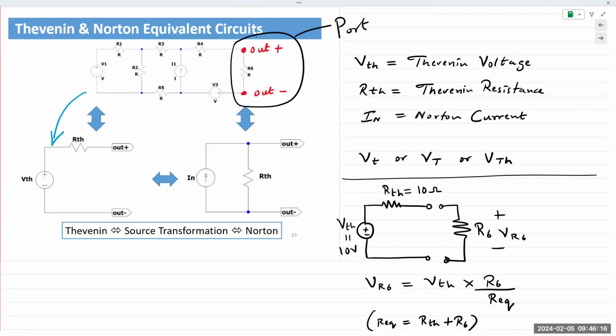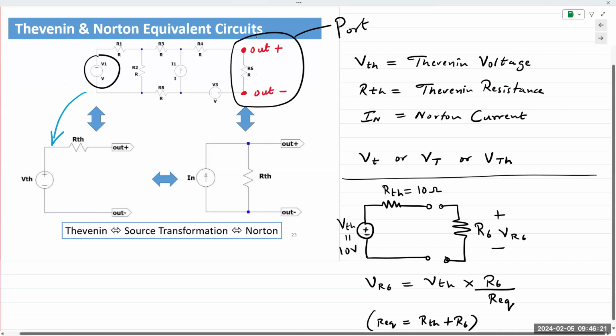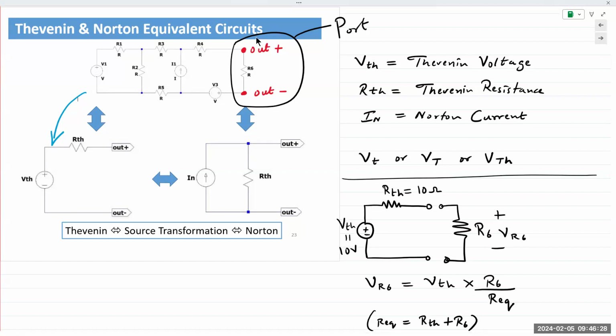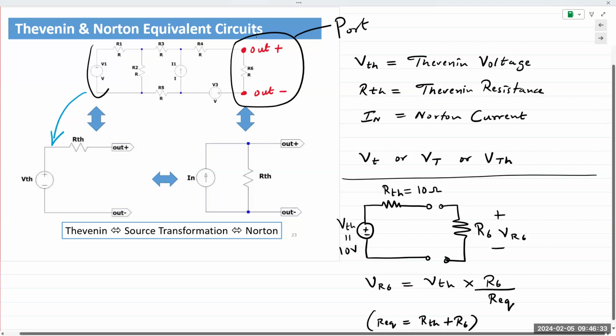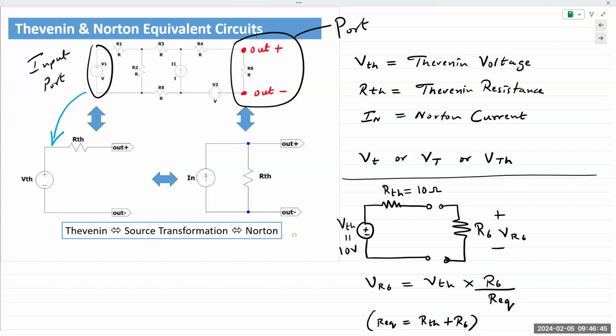All circuits, of course, have an input, but when we draw our schematic, we draw the sources directly within the circuit. That source, whether it's a voltage or current source, is the input to that circuit. So this portion here is the input port to the circuit, but since there are multiple sources in there, we don't refer to it that way. Anyway, two sets of terminals together will form a port.